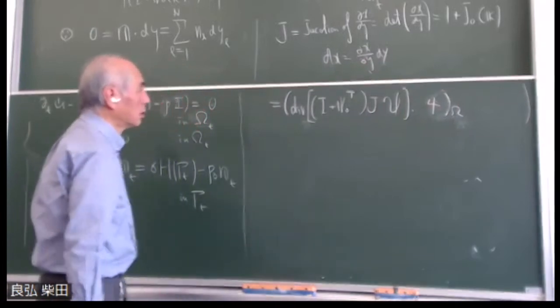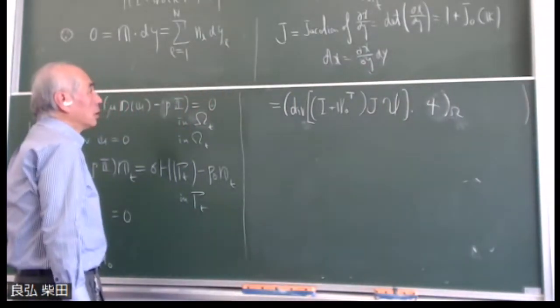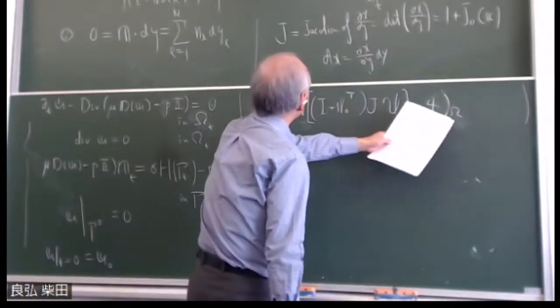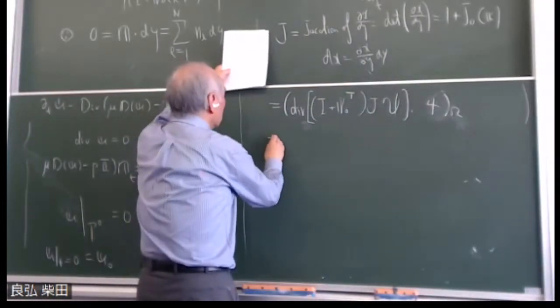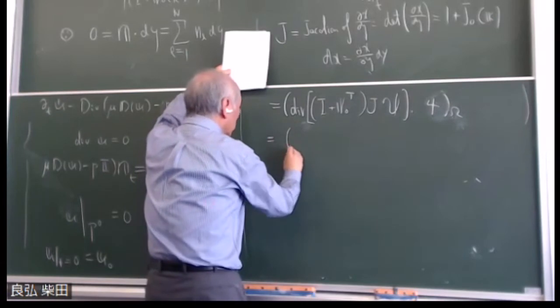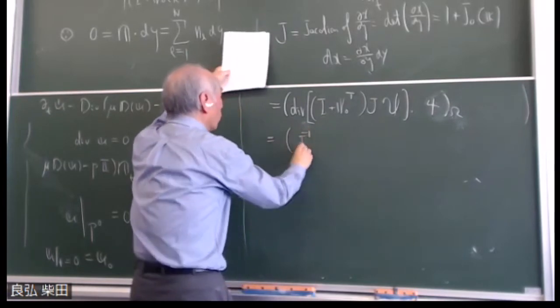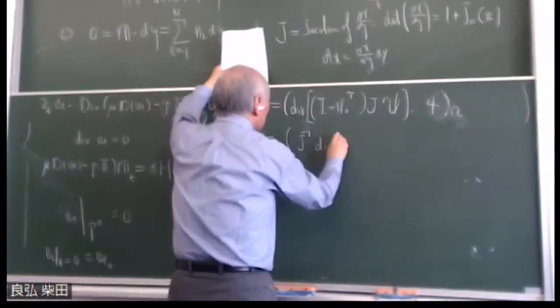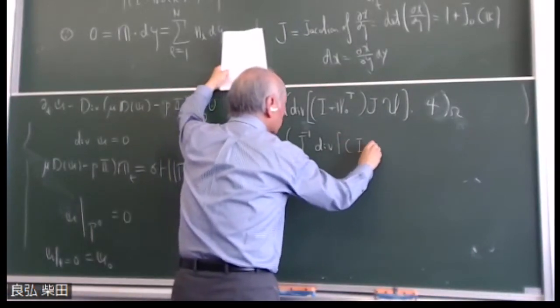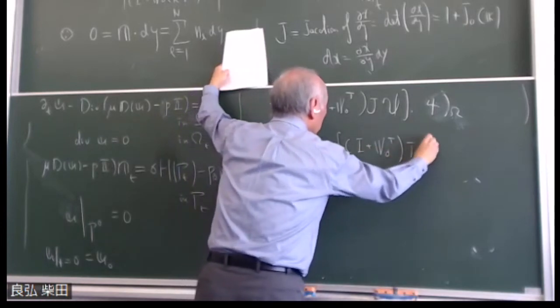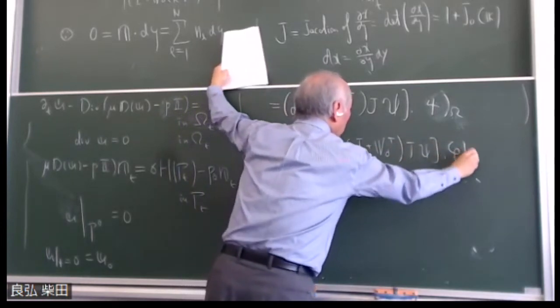And then finally we have to go back to omega t. So it's finally the Jacobian inverse, Jacobian inverse divergence, I plus b0 transpose J v, on omega t.